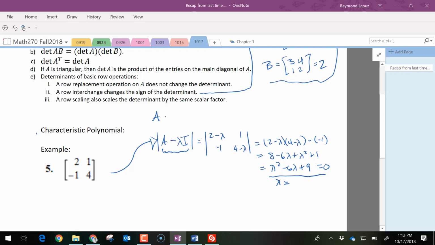So remember where that came from. It's the vector x when applied to A is going to be the same as the vector, except that it might be scaled. And so the scaling factor is your lambda. That's the eigenvalue, and then the vector x is going to be the eigenvector.